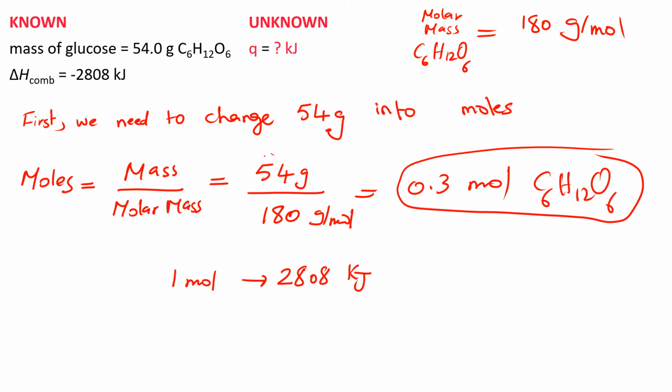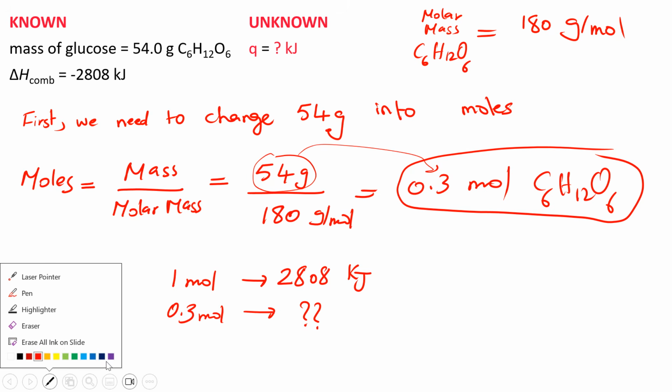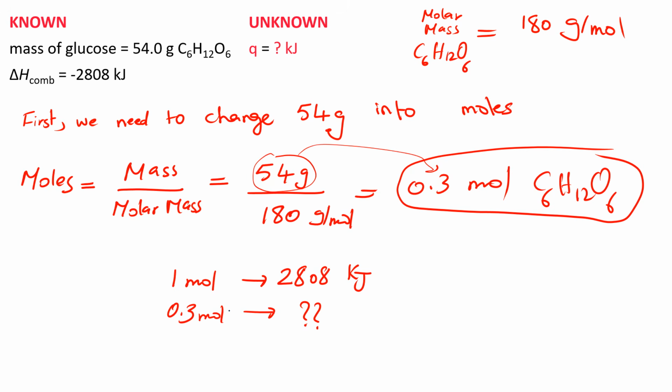Now ال 54 جرام كم فيها من مول؟ فيها 0.3. فالحين أقدر أستخدم هني 0.3. So 0.3 mole is going to give me how much? So I will change that here. I will multiply and then divide. الضرب التقاطعي, cross multiplication. So I will do 0.3 times 2808 over 1.